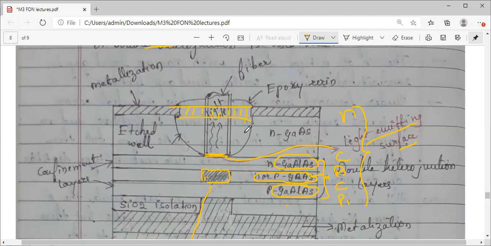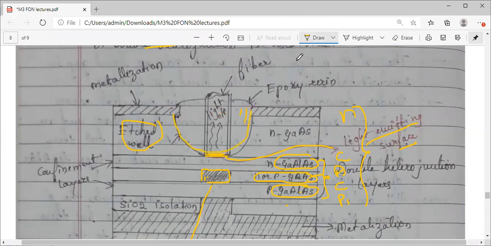You have seen the fabrication process of many devices. Etching is the most commonly used technique. Through etching, because of these grooves, the distance will be reduced. If I remove this part, this is called etching.